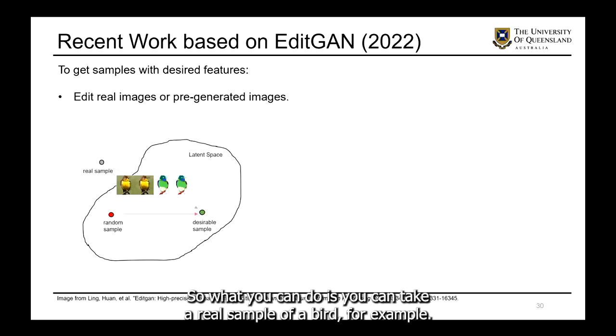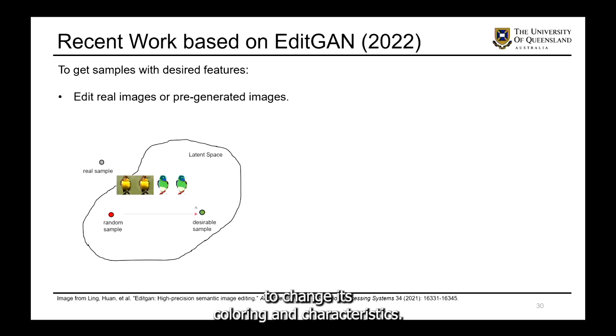What you can do is take a real sample of a bird, for example. You can put the bird into the system, find the point in that latent space that corresponds to the bird, and then push it in certain directions to change its colouring and characteristics. So this was EditGAN, where you could change the images into other images with semantic meaning.